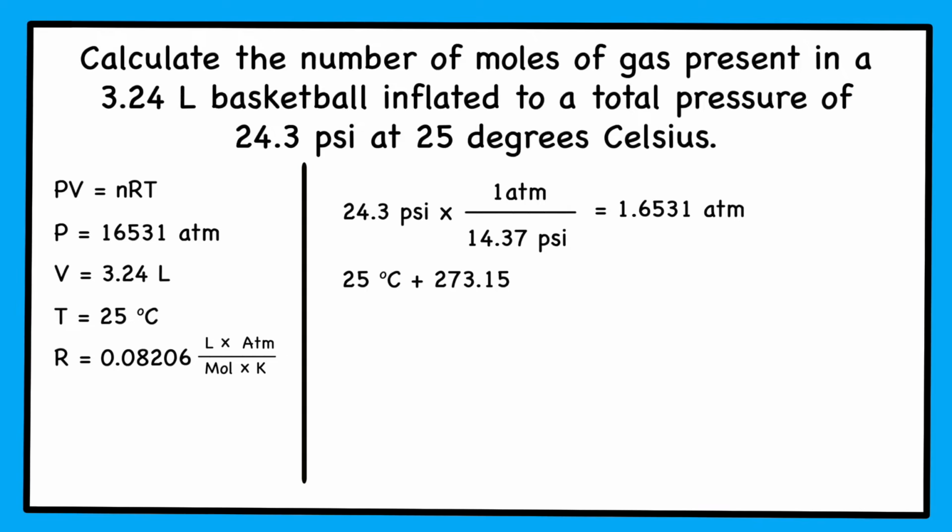So my temperature should read 293.15 degrees Kelvin. Now that I have everything in appropriate units, we can start plugging in and solving for this problem. We are asked to solve for the number of moles, so we need to rearrange our ideal gas law so that we get moles isolated by itself.